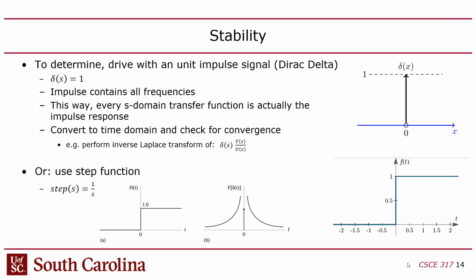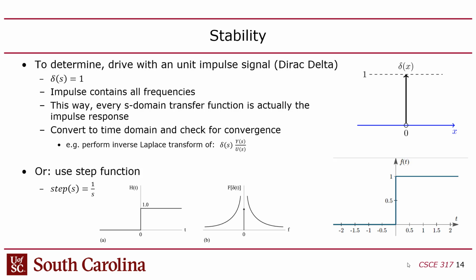And a Dirac delta is an impulse. I've seen it sometimes described as an infinite amplitude at time 0 and 0 everywhere else. But other places it shows it as a 1 amplitude. It goes up to 1 at 0, so it's defined as 1 at 0 and 0 everywhere else. So it's an infinitely small pulse, basically, right?